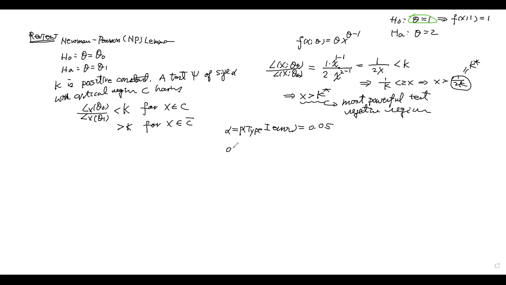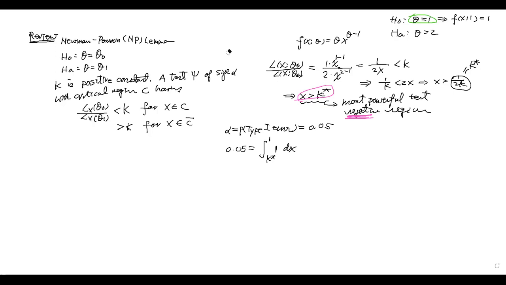So 0.05 is equal to the integral of 1 dx over the most powerful rejection region, x greater than k star, so with x from k star to 1. I know this integral is 0.05.